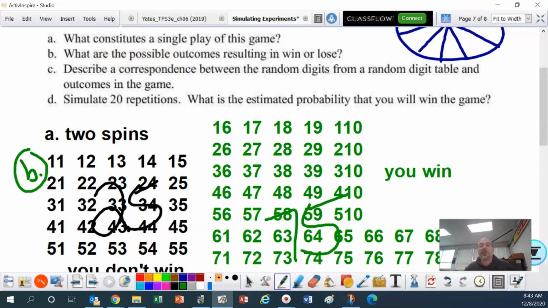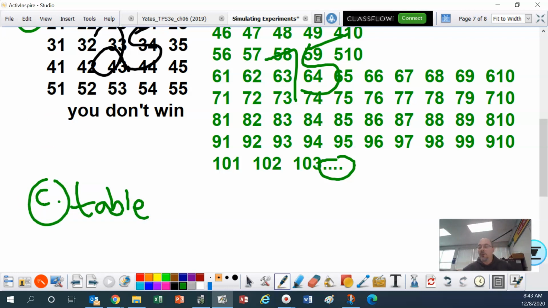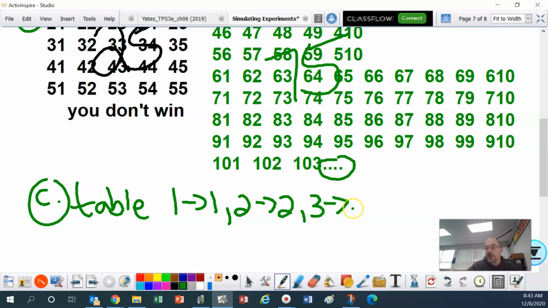C, describe a correspondence between the random digits from a random digit table and the outcomes in the table. So if we were going to use the random digit table, obviously 1 will represent 1, 2 will represent 2, 3 will represent 3, and so on, except 0 would represent 10 if we're using the table.